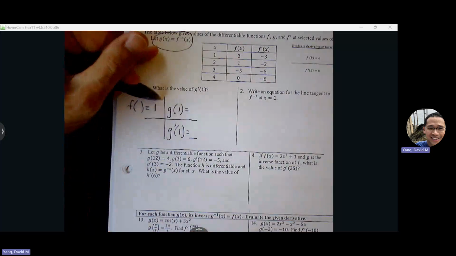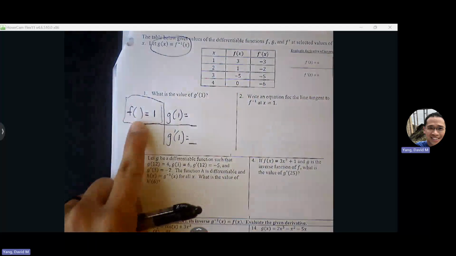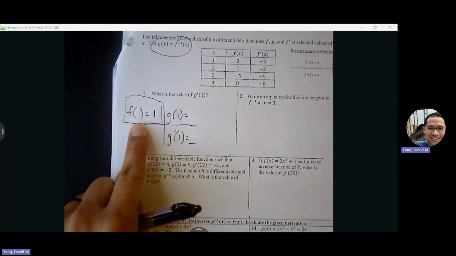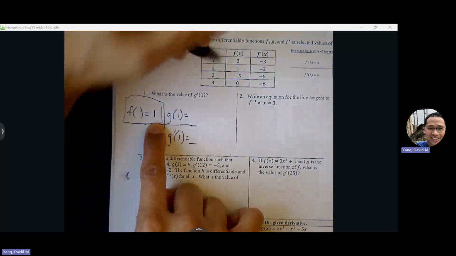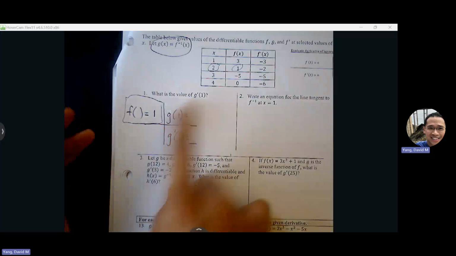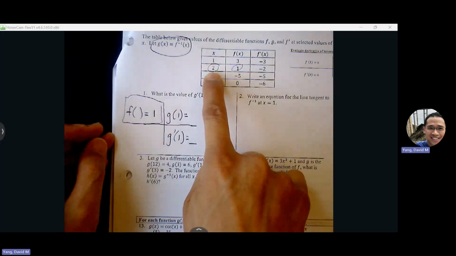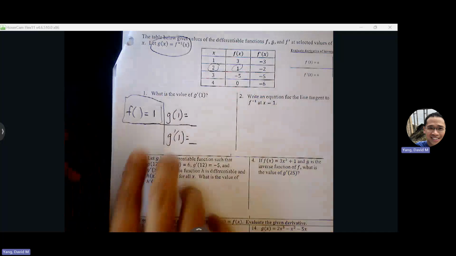Right, so this is our key to our chart here. What ordered pair will allow us to fill this piece in? (2, 1), right? We know that on the f graph, for the y value of 1, we're working backwards and figuring out that the only thing that fits is (2, 1).